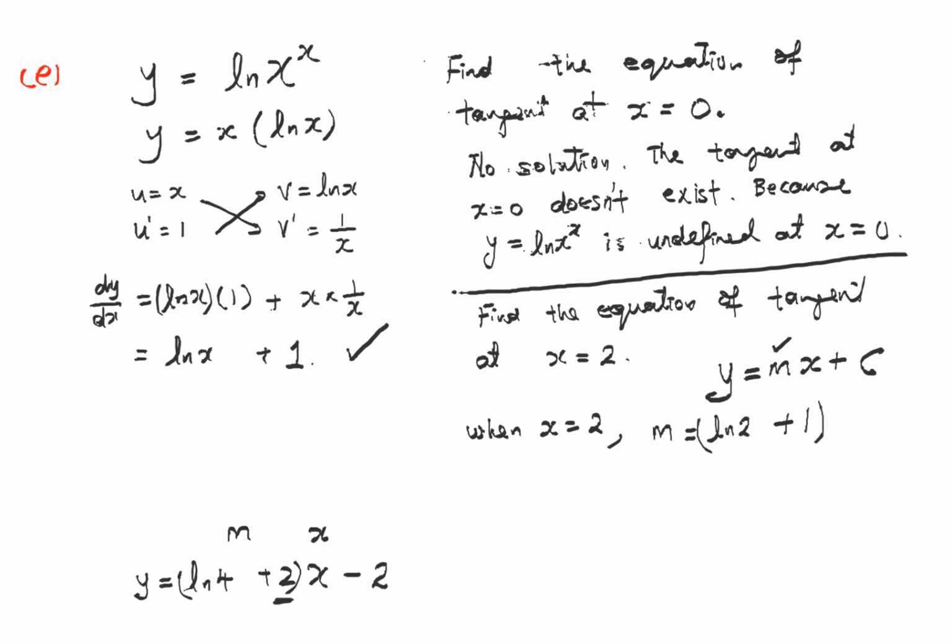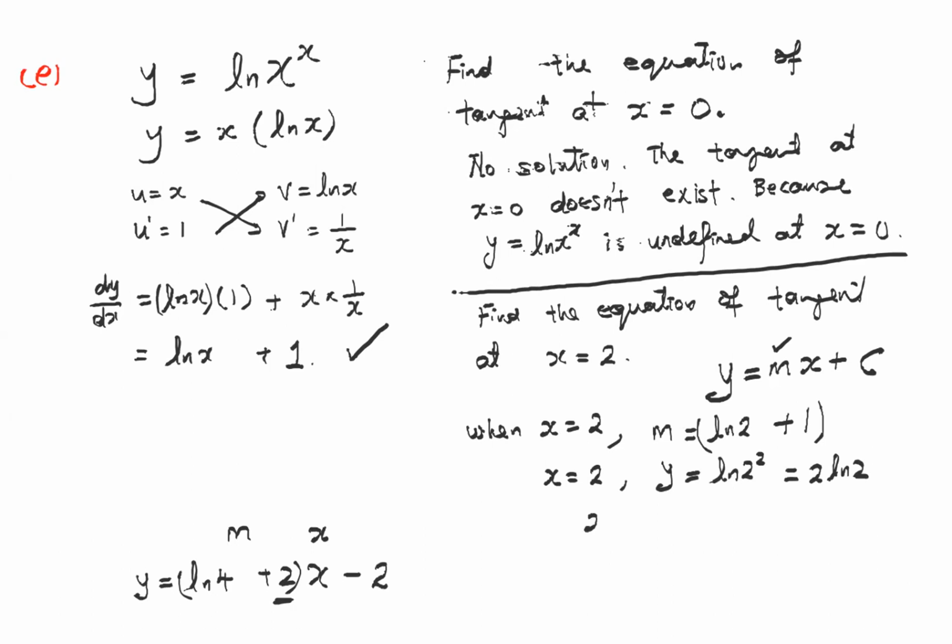And when x equal to 2, I also need to know the y coordinate. That is ln 2 to the power of 2. You can write it as 2 ln 2. Why do I want to write it as 2 ln 2 and not ln 4? The reason is because later I can simplify, because the gradient has ln 2 there.